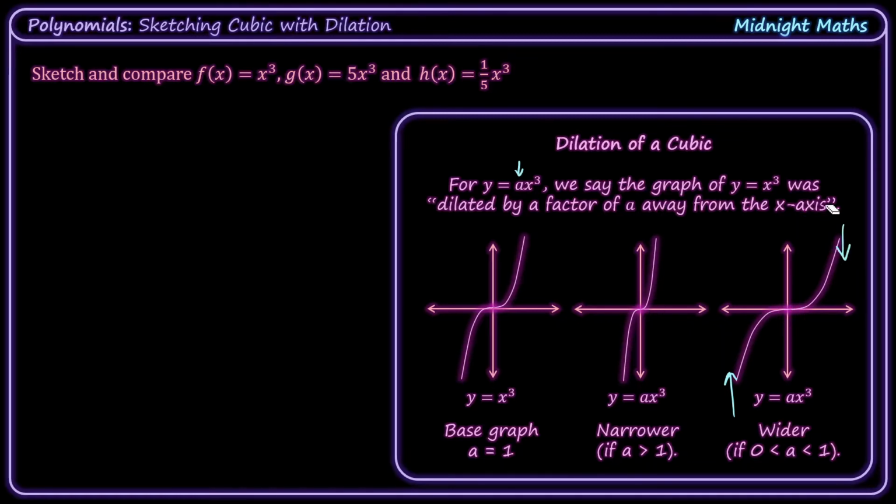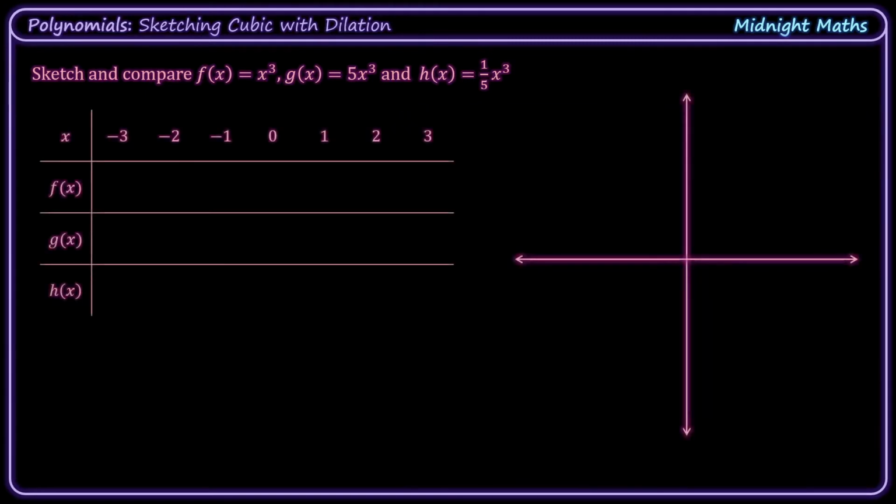Okay, but we're going to go through an example of this and see how it looks in terms of the calculations. Once again, I'm going to fill in this table, then compare the coordinates and draw all three of these graphs on our axes.